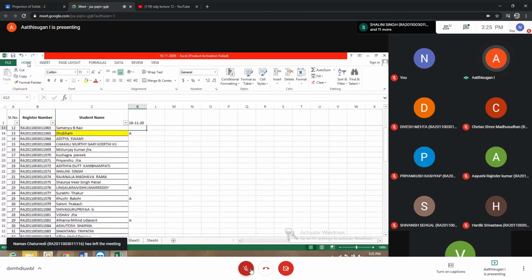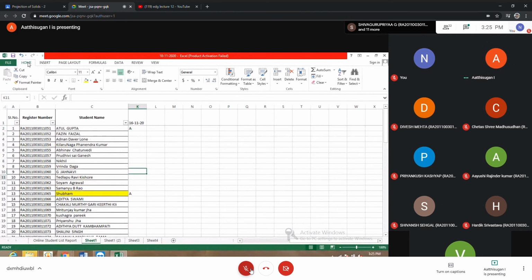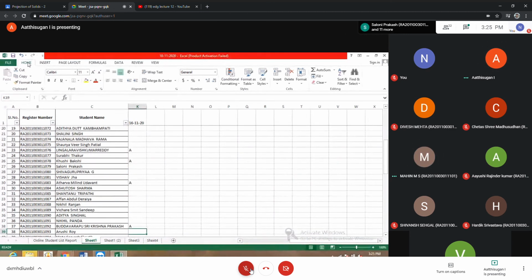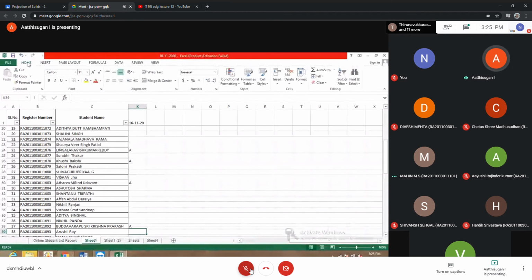Any present people, any missing numbers? 58, Shubham, okay. The next 76. Reddy. Kushi Bakshi, 78. Mic is not working, guess I just type it, okay. Adarva, 83. Then Sri Krishna Prakash.